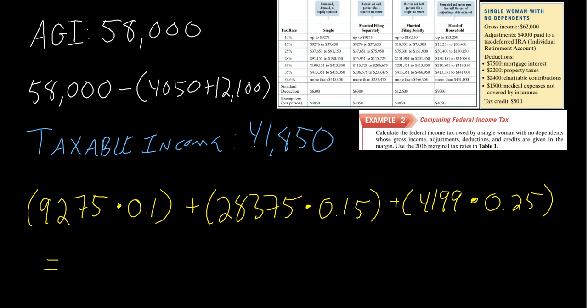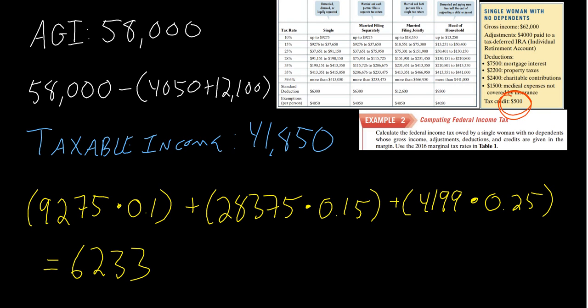Did it say something about to nearest dollar, or is that another problem? Maybe it was another problem. But $6,233. Okay.